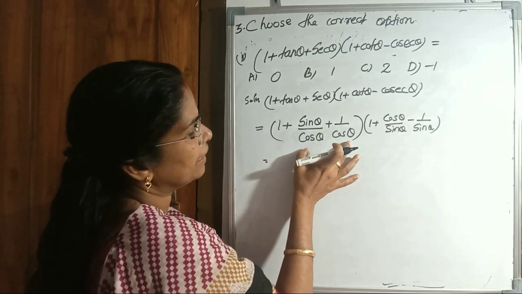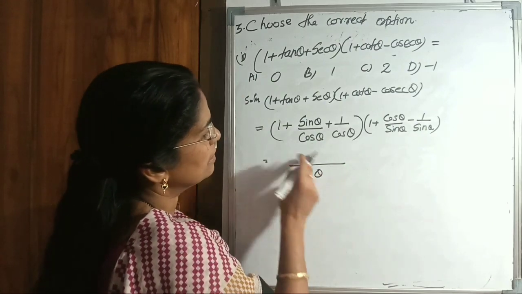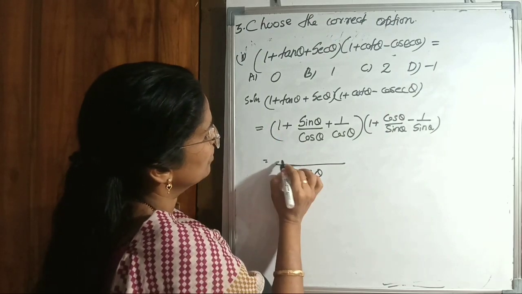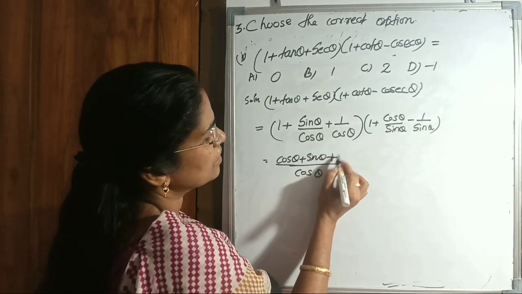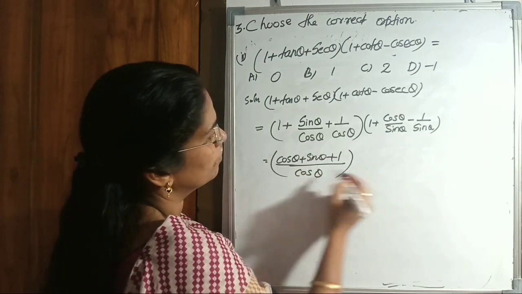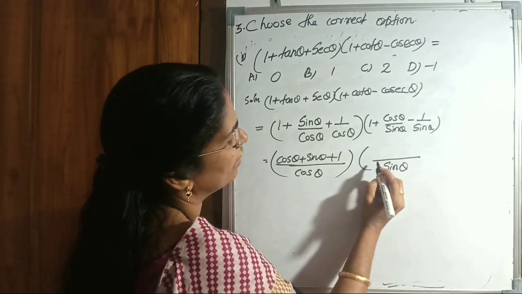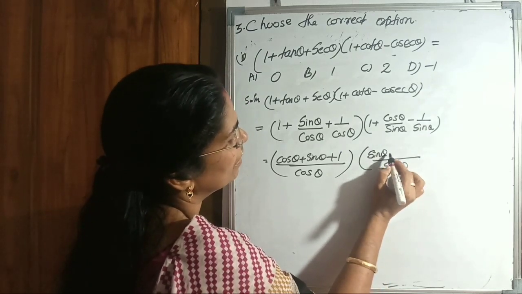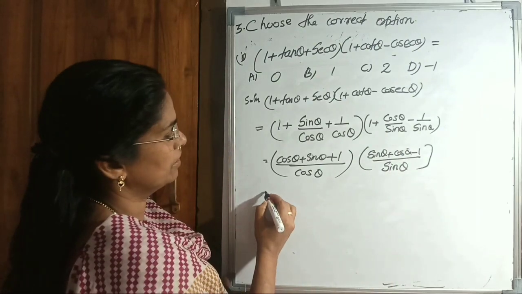After that, in the first bracket, we take cos theta as LCM. Then cos theta multiplied with the 1, so it becomes cos theta plus sin theta plus 1. This is our first bracket. In the second one we take sin theta common, then sin theta plus cos theta minus 1 in the bracket.